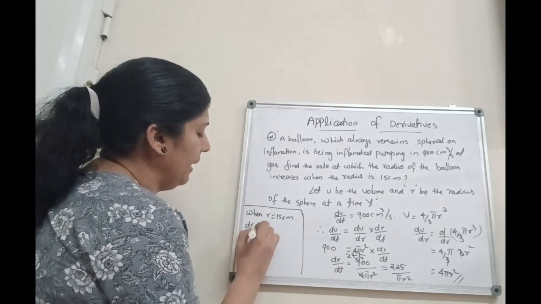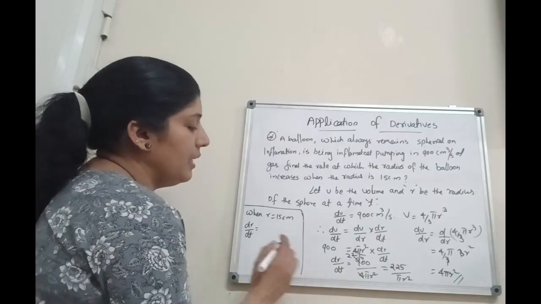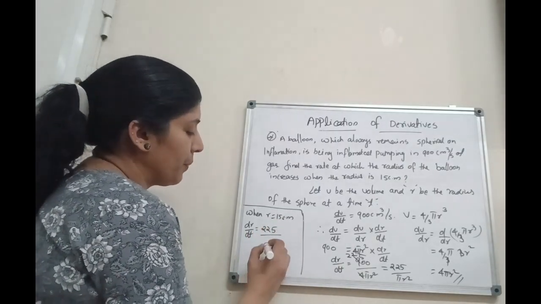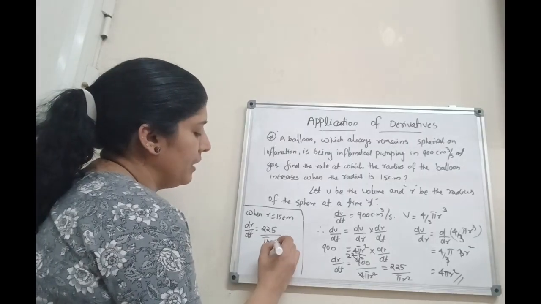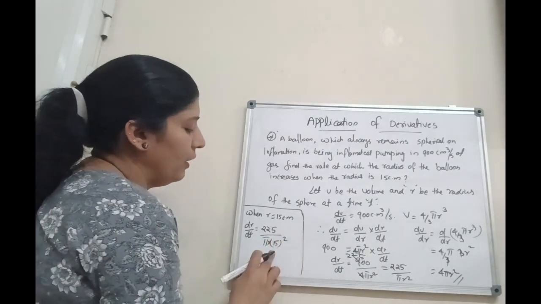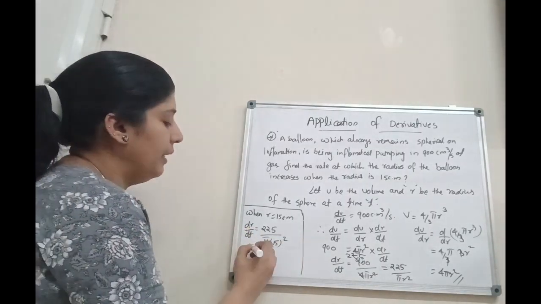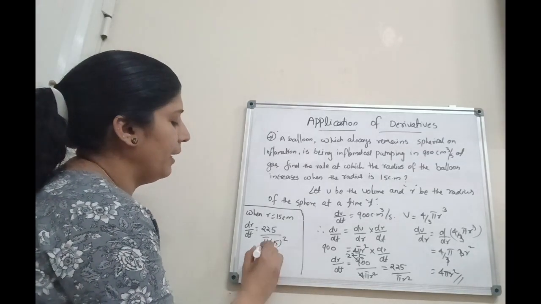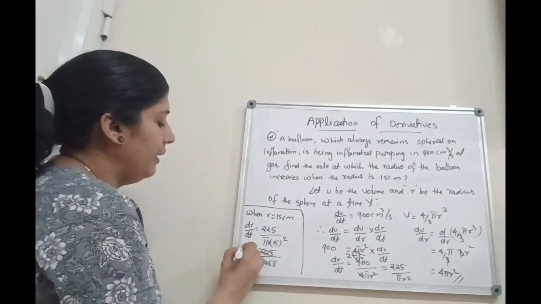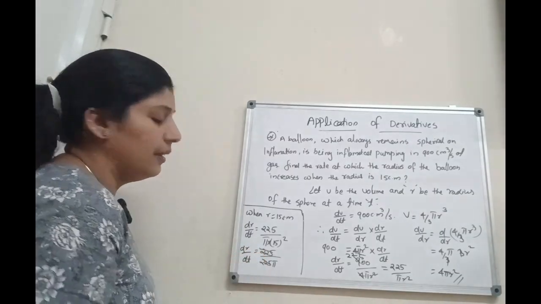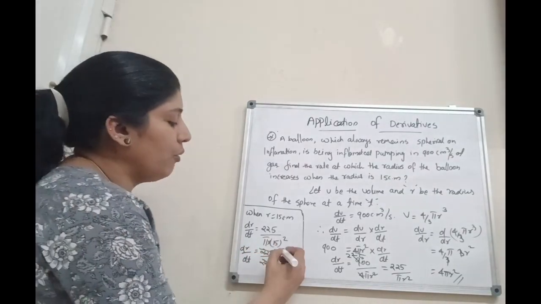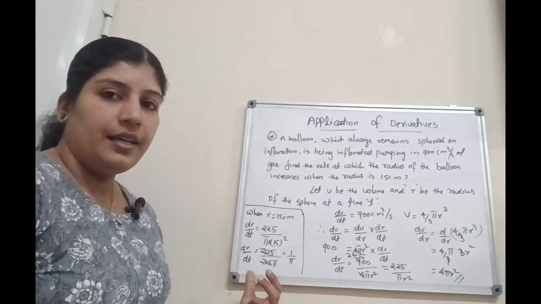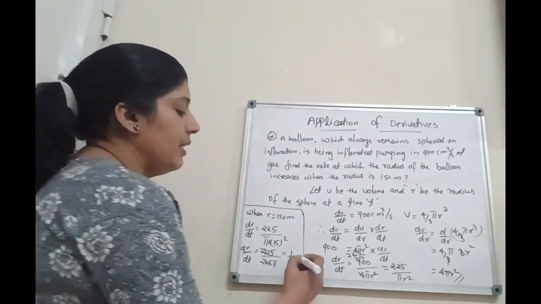Therefore dr by dt equal to 225 divided by pi into 15 square. We know that 15 square is 225. That is equal to 225 divided by 225 pi. Then 225 cancels. Therefore dr by dt equal to 1 by pi.